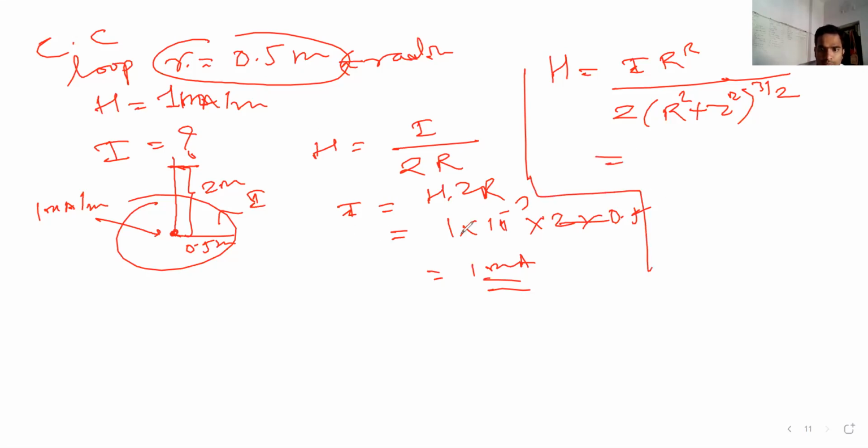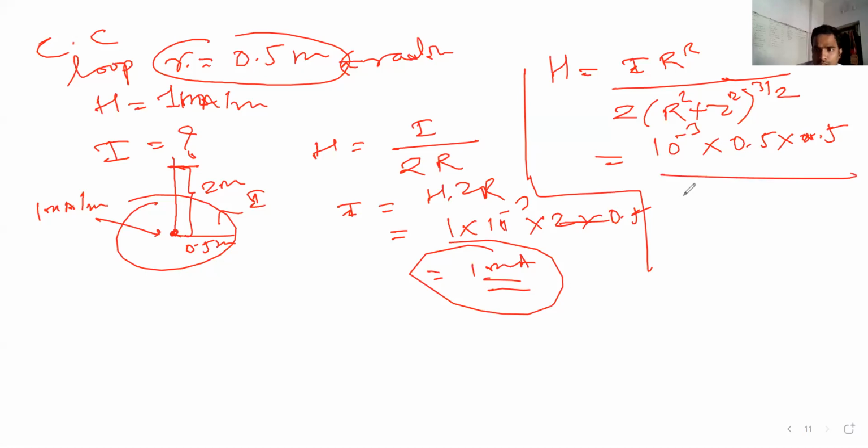What is I, the current flowing through the conductor? If I take the same loop, it will be 1 milliampere, right? And r is constant, so 0.5 into 0.5, and 2 into (0.5 square, which is 0.25, plus z square). Z is the distance along the axis, so this is 2 square, which is 4, raised to 3 by 2.